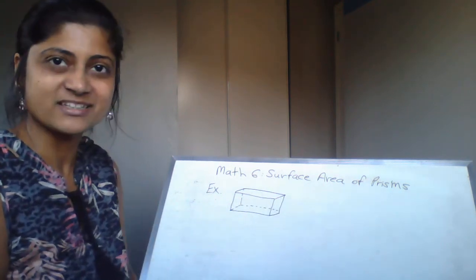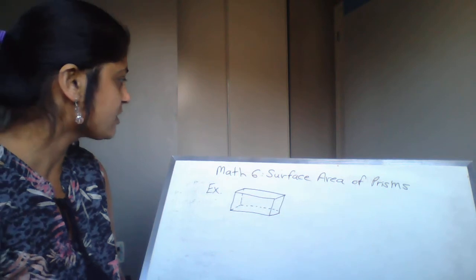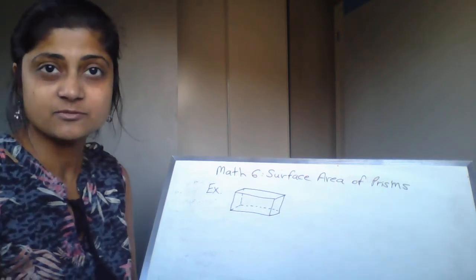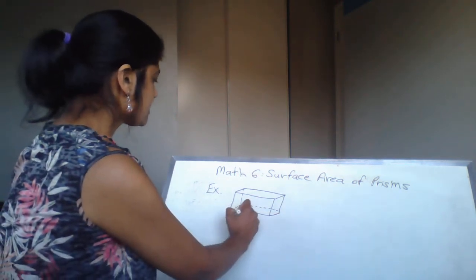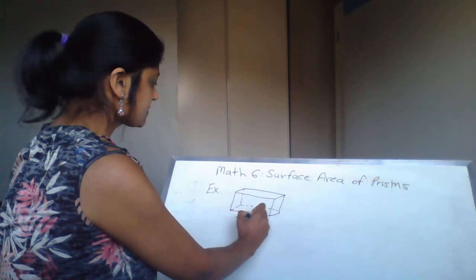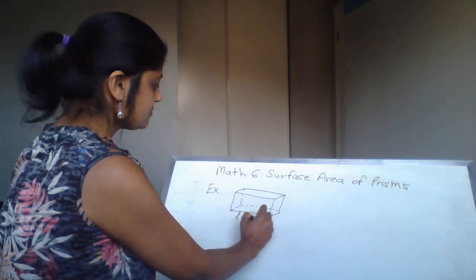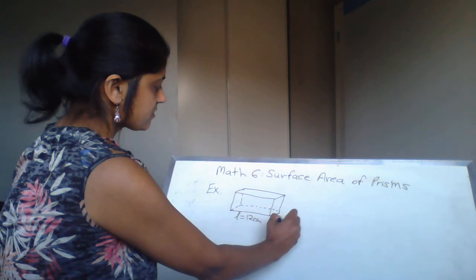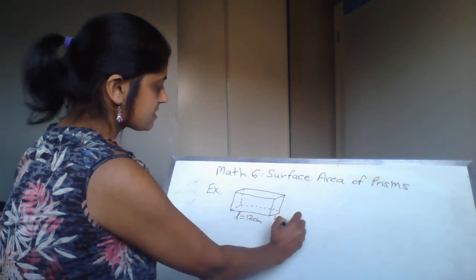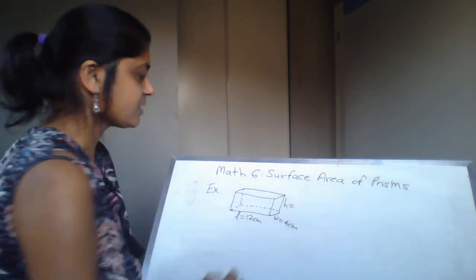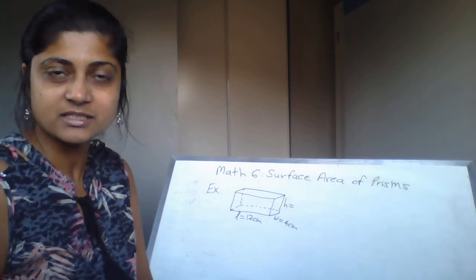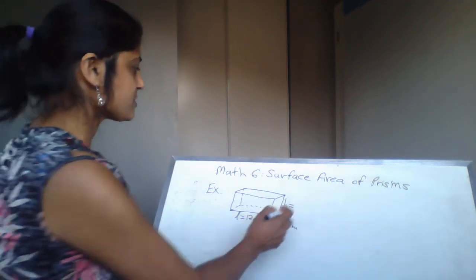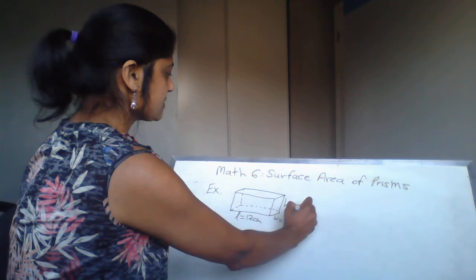So it looks something like this. I'm going to give you some dimensions. This is the length. Let's do 12 centimeters. The width looks kind of small, so let's do 4 centimeters. And the height is basically the height of the rectangular prism. Let's make this 5 centimeters.